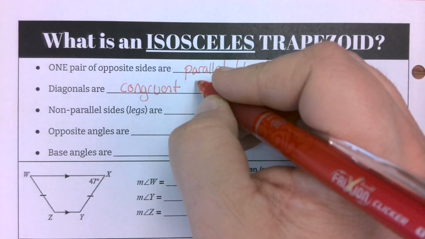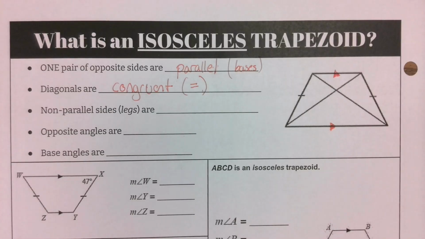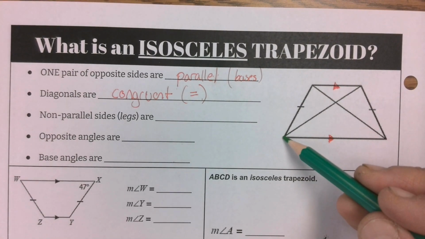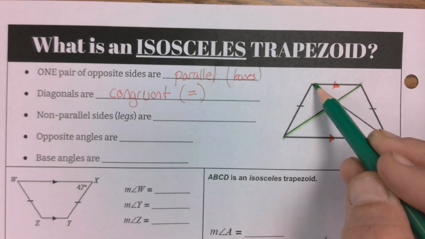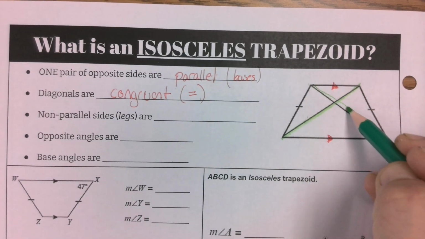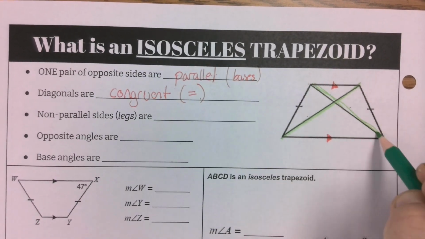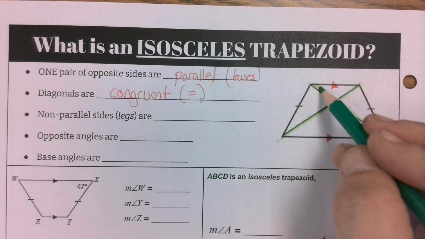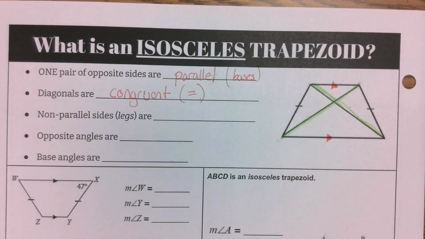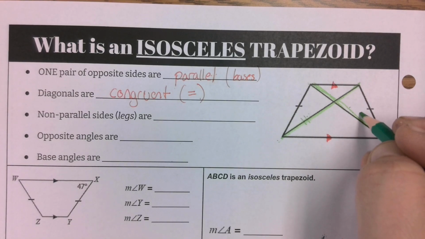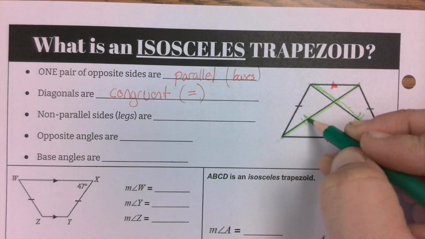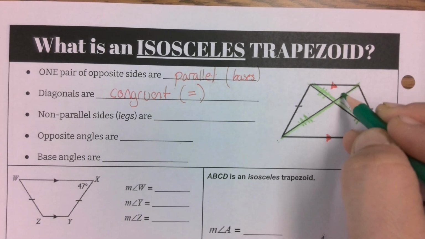The diagonals of a shape are the ones that connect opposite angles to each other. So they go across, bottom to top, bottom to top. Now they are equal to each other. They are congruent. That means this part is congruent to this part, and this part is congruent to this part.